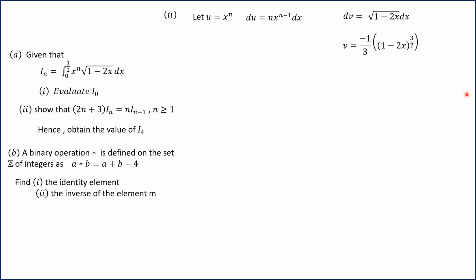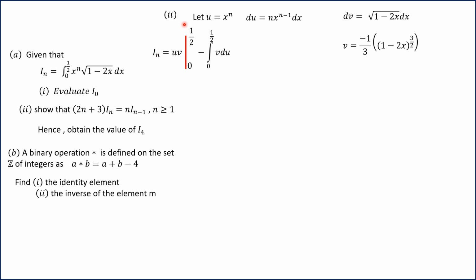Now since we have u, du and v, we can now apply integration by parts. The formula states that the integral of u dv equals uv minus the integral of v du.